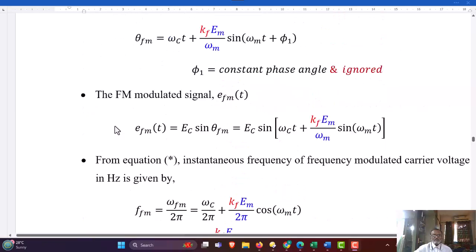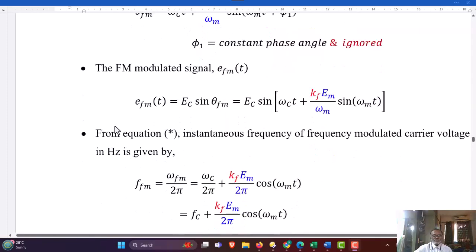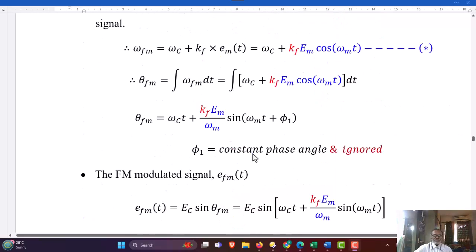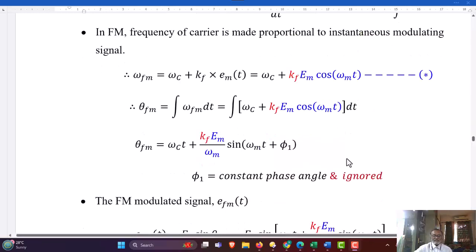You can very well use the expression in terms of angular frequency also, that is, omega FM is equal to omega c plus kf into Em sine of omega m t plus phi 1.